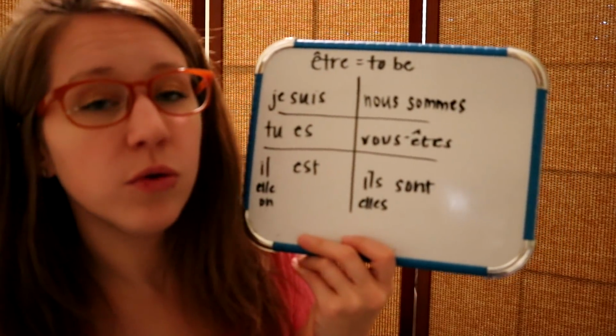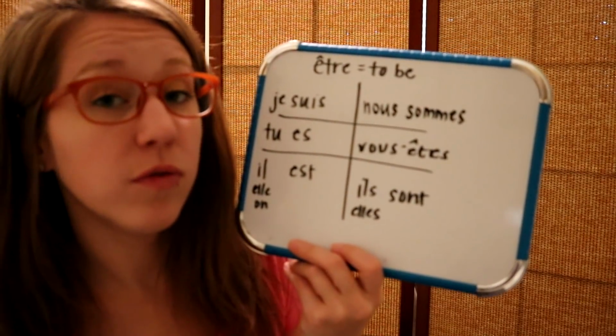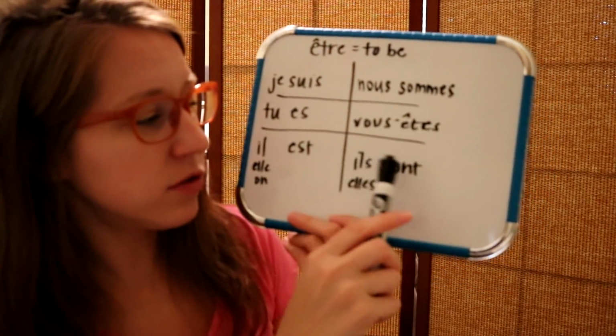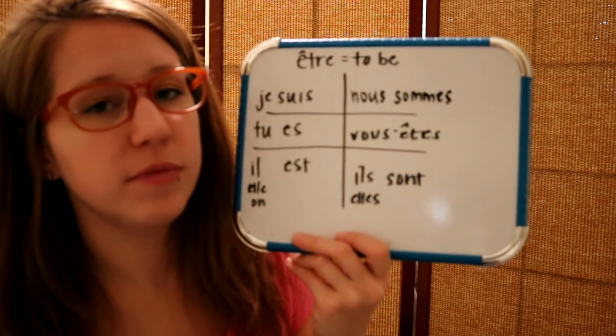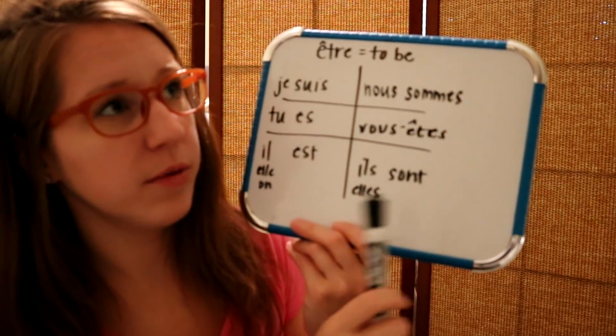Nous sommes, we are. Vous êtes, you are, formal. Ils sont, elles sont. This is they are, or they are.